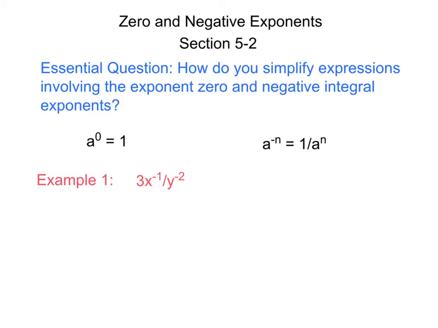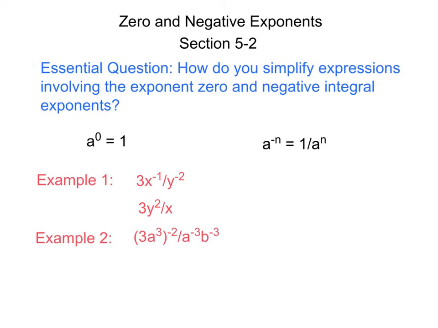Based on the definition of negative exponents, I can move that into the denominator and it will become a positive exponent. Similarly, the y to the minus 2 in the denominator I can bring up to the numerator, and again the exponent will change. So the result would look something like this: 3y squared over x. So we are fully simplified, we have only positive exponents, and that's our result.